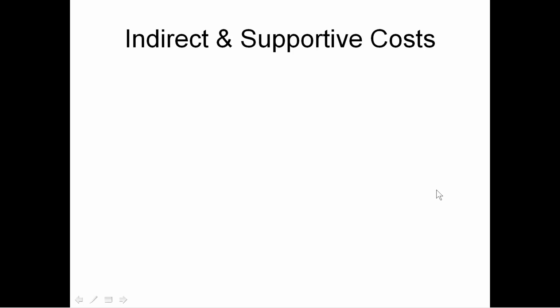And it's my view that the simplified mixed service cost method can be used to apportion indirect and supportive costs. It can make your life simpler, but it can also sometimes give you a better result.